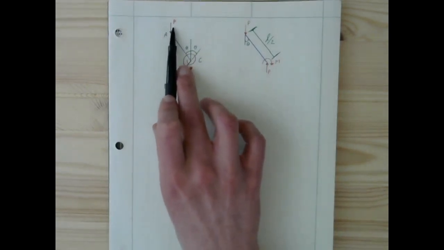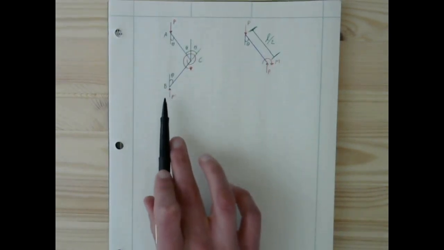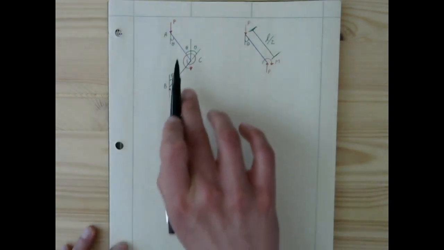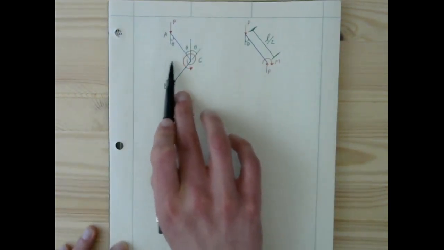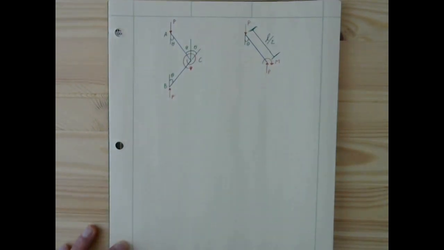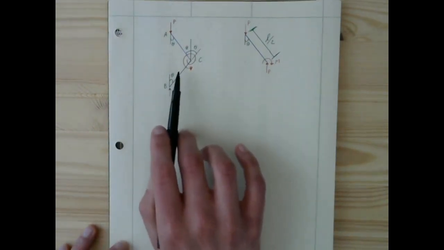And we apply a force P at the top and a reaction at the bottom as well, so that we're not accelerating downward. If we're looking at this and we're applying some small deflection, I know I've drawn it to be a substantially large deflection, but it's a small one.